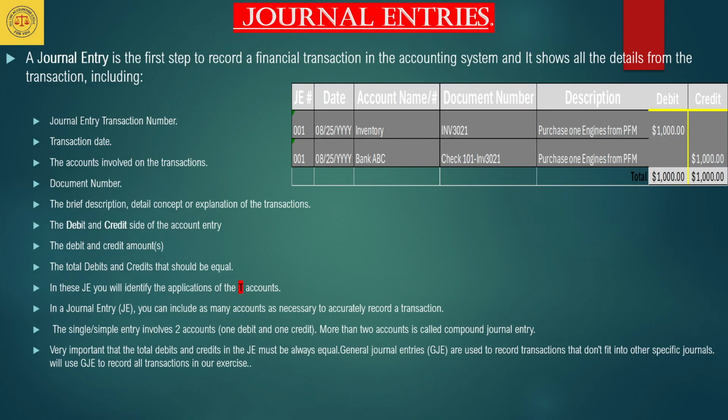computerized systems already have journal entries for specific transactions. If you do billing, when you do an invoice, internally the computer is doing this journal entry, but you just have to go through the billing process.